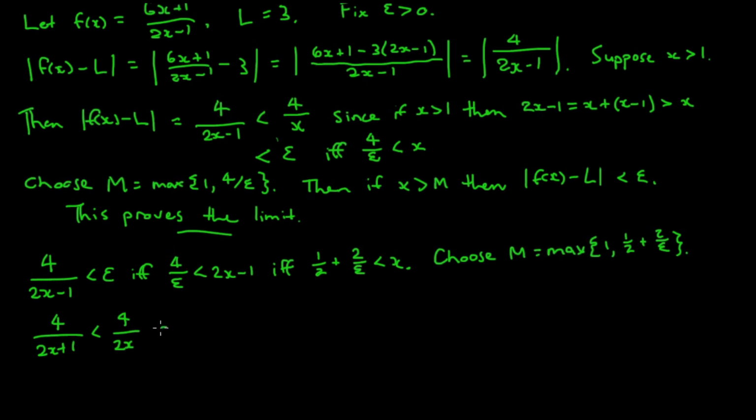So then we can go on to say, well, that's equal to 2 over x, which is less than epsilon if and only if 2 over epsilon is less than x. So we have a lower bound for x there, and then we complete the answer as we've done before.